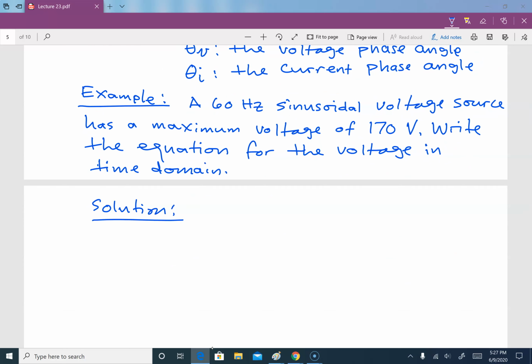First of all, the time domain voltage expression is Vm sine omega t plus theta v. This is the general form. So now, if you look at that, we need this Vm, we need this omega, and we need this theta v.